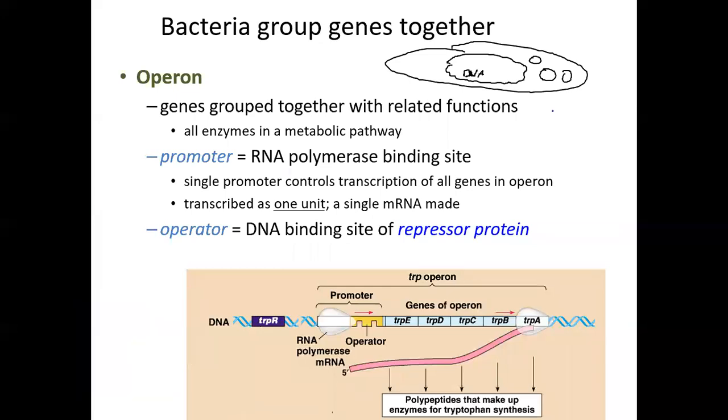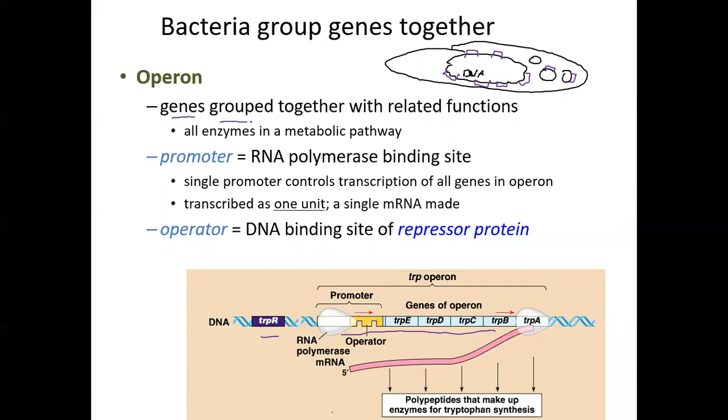An operon is just a region of DNA. I could have an operon here, I could have an operon here, I could have an operon here, and here. So operons are going to be found all over a bacteria's genome. So this is showing you an operon. We have this sequence of genes as well. So what is an operon?